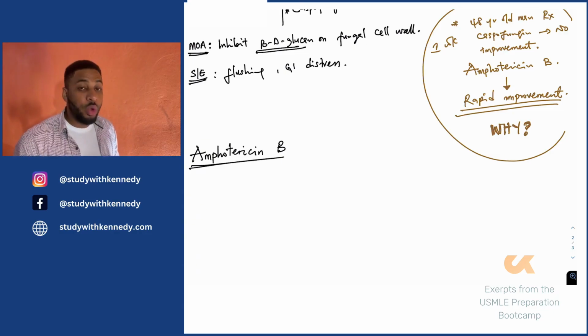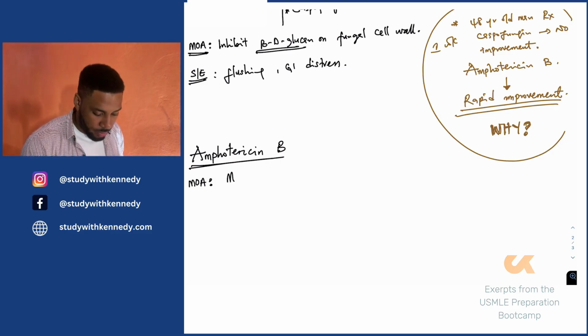If I asked you, what is the mechanism of action of amphotericin B? I hope you immediately said it makes pores, it makes holes on the fungal cell membrane.